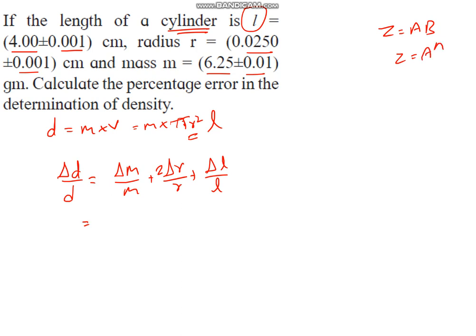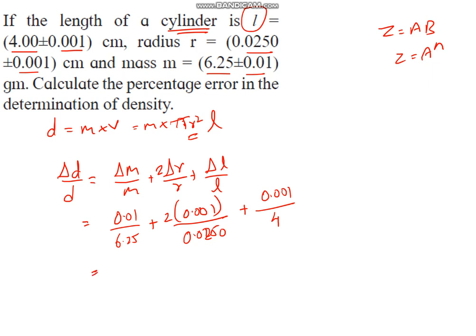Now let us put the values. M is 0.01, 6.25. 2 into delta R is 0.001 divided by 0.0250 plus delta L is 0.001 divided by 4.